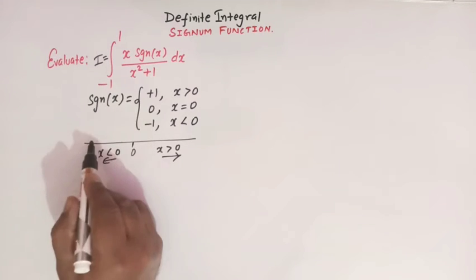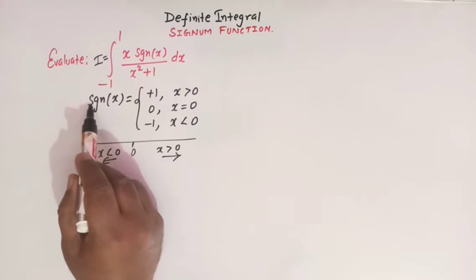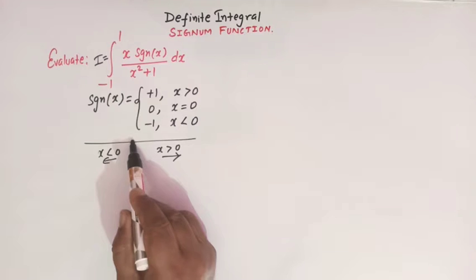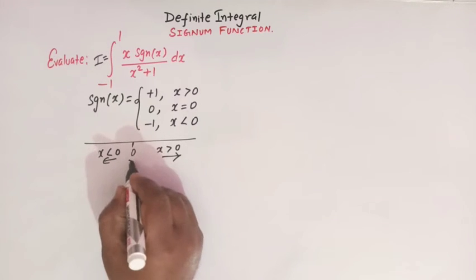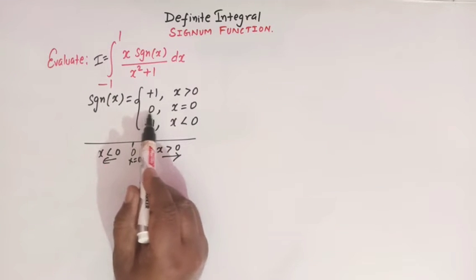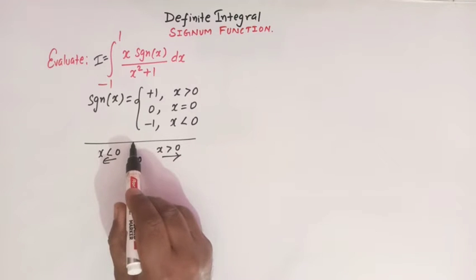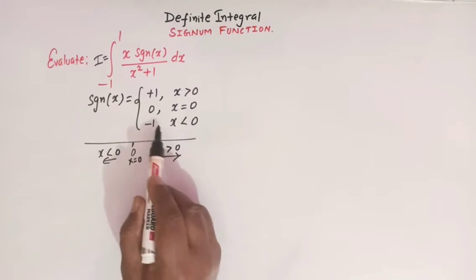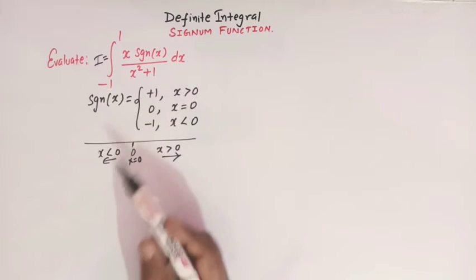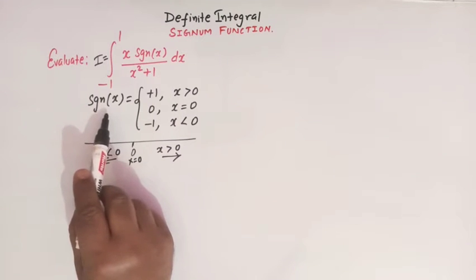So in this interval, that is from minus infinity to 0, the signum function takes the value minus 1, and at x equal to 0, signum of x takes the value 0, right? And in the interval from 0 to infinity, we have signum of x equal to plus 1 because x is greater than 0, right? So this is all about the definition of the signum function.